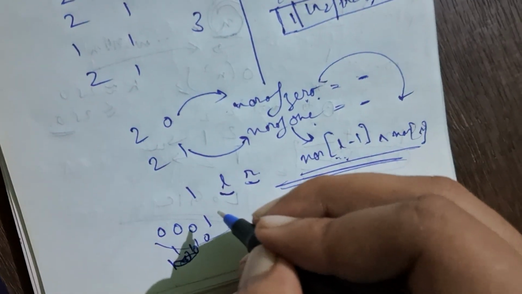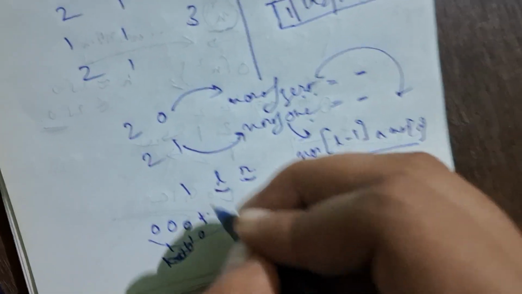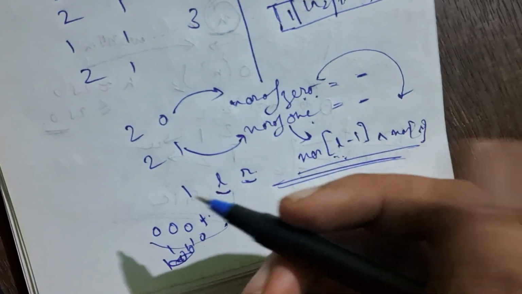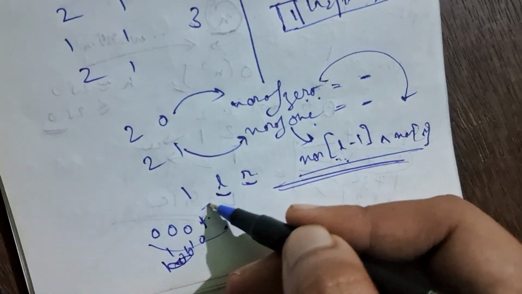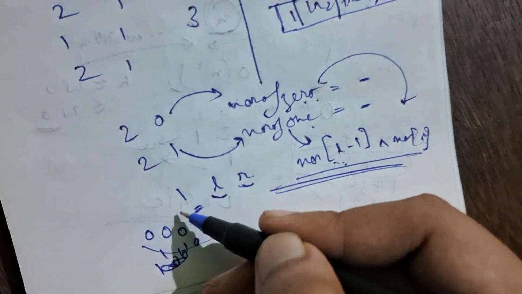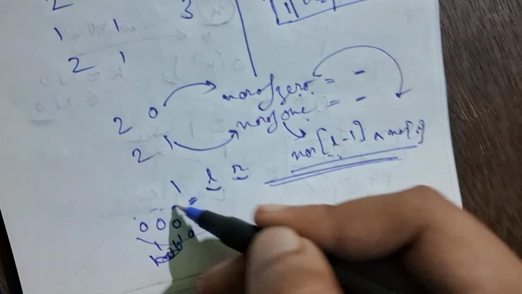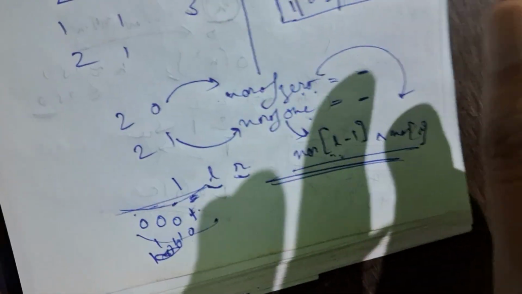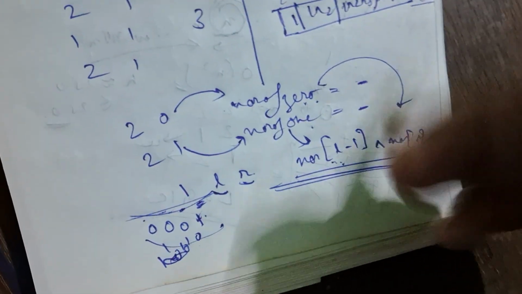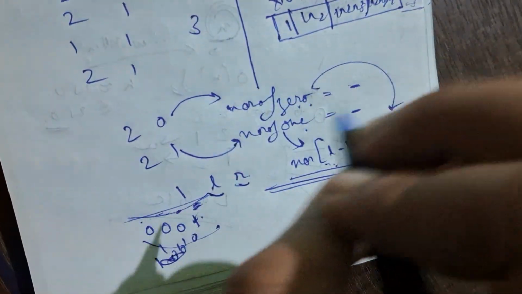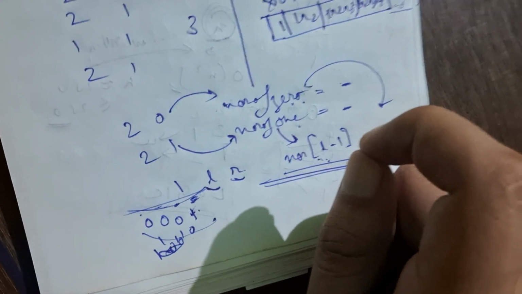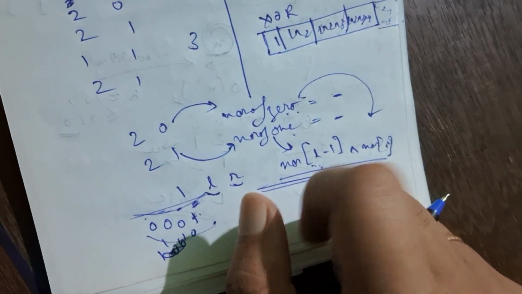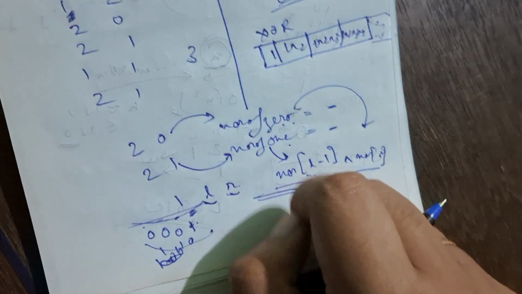For this 1, you're going to take out this element from here and add all the remaining elements. If I XOR all of them, that is going to satisfy the condition. This is a little bit of complex mathematics, but if you get it, it's easy. This is how you have to code it.